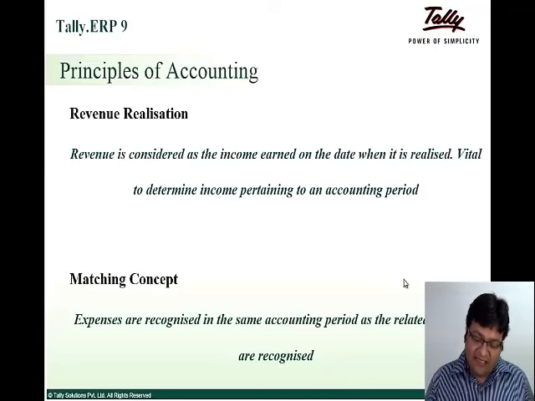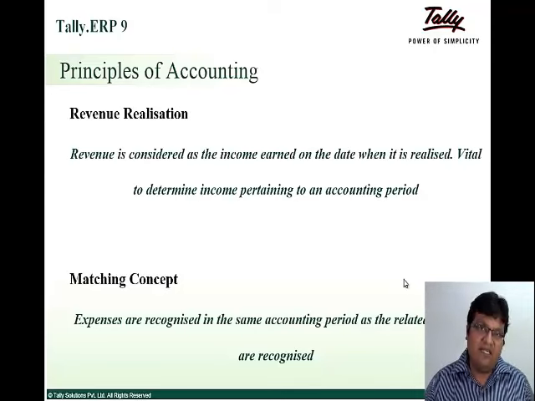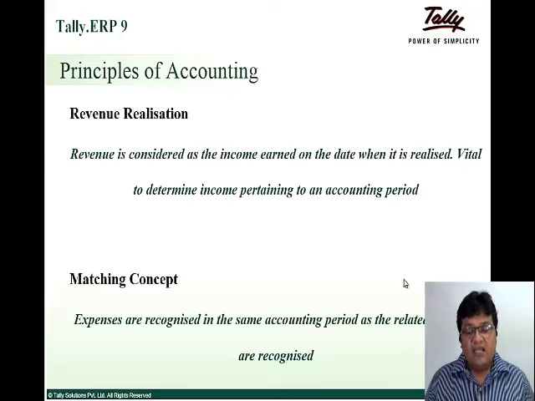There are certain transactions in businesses where the income is billed on a different date and the money is received on some other date. Let's take a very simple example. A milkman continues to supply milk for a month. That sale of milk is an income for him.